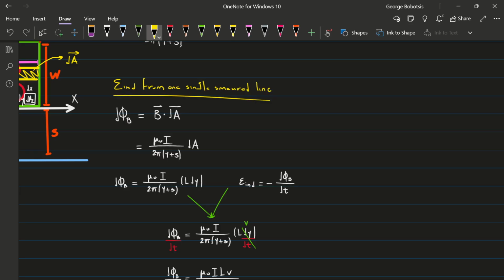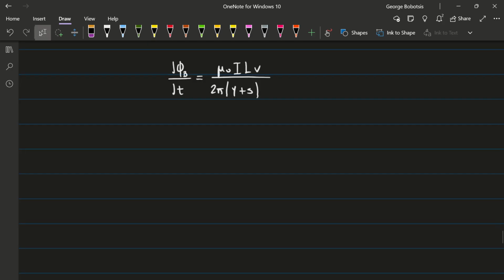So wait a minute. If that's only from one line, how do I get the epsilon induced from the entire loop motion? Can anybody take a guess? If that was from a single line that was at position y at that given moment, how do I get the EMF from the entire loop right now?